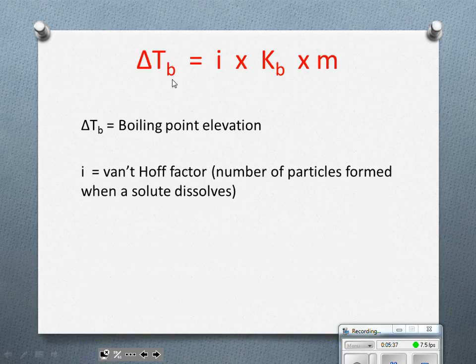It's Van't Hoff's factor. What is K sub b? It is the boiling point constant. And finally, lowercase m, once again, is the molality.